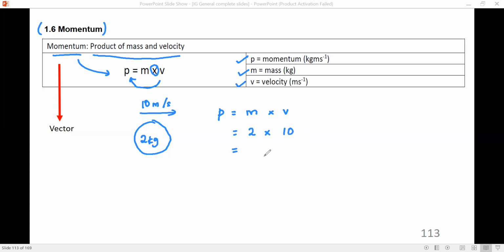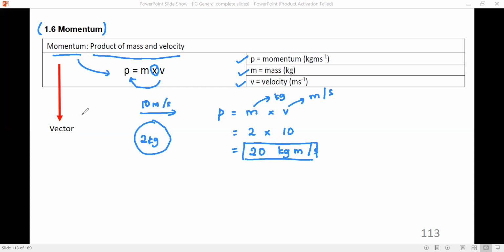When you multiply them together, you get 20. And the unit is kg meter per second. Why? Because M is mass, so the unit is kg. V is speed or velocity, so the unit is meter per second, which is why your final answer is 20 kg meter per second.